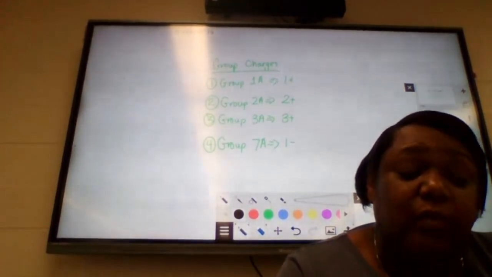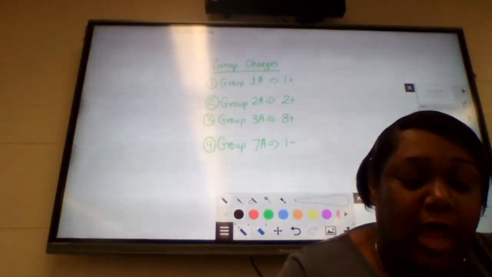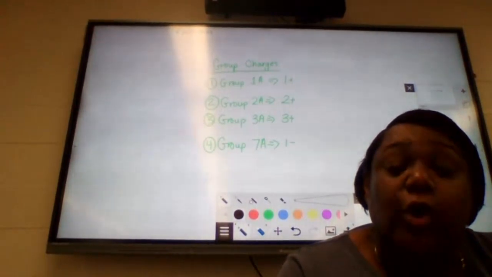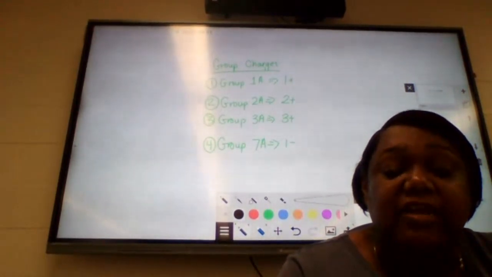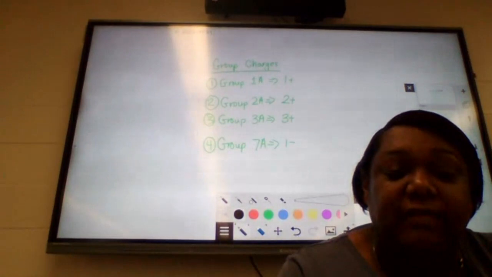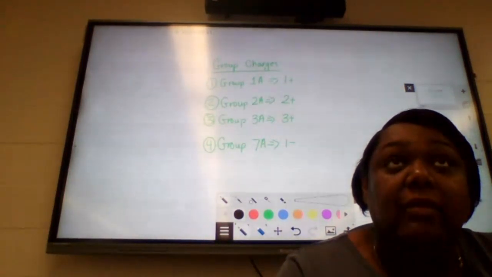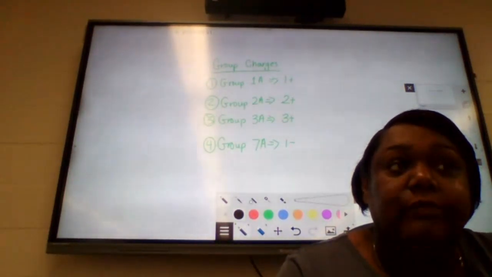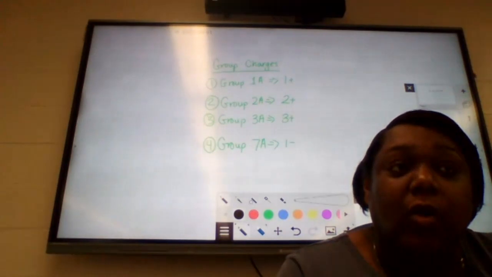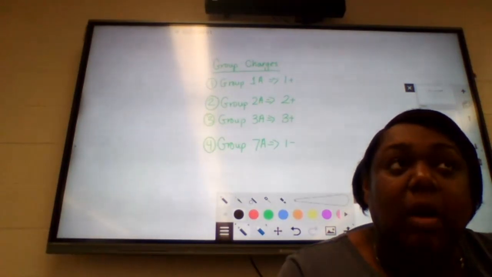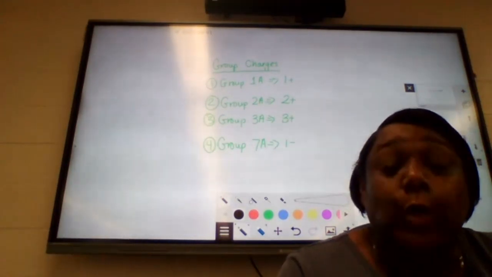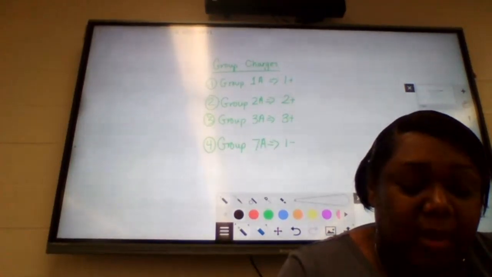Now, when you get ready to write the chemical formula for an ionic compound, it shows me how many of each ion you have present in an overall, not molecule, but formula unit of that compound.